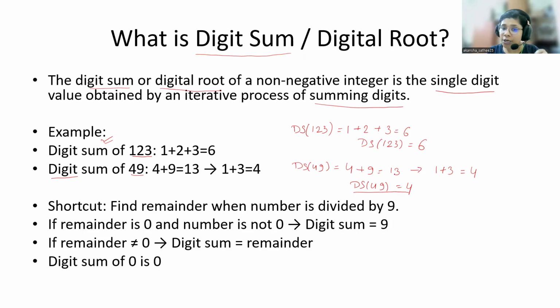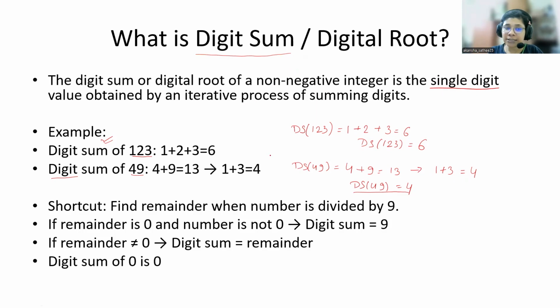And if your digit sum in the first round again has more than one digit, you have to do the process again until you get a single digit by repeatedly doing this digit sum. Am I clear to everybody? So this is an iterative process of summing the digits until you get a single digit value.